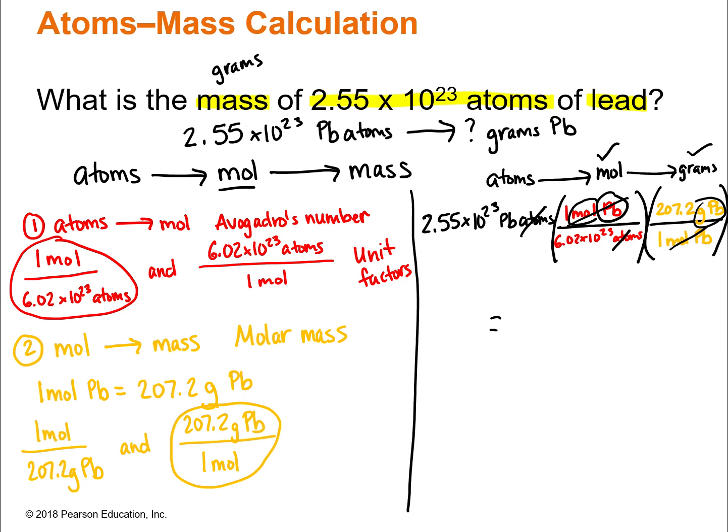We need 3 sig figs here. And that's your final answer. Take your time with these questions. Identify the problem types that are involved to get from point A to point B.